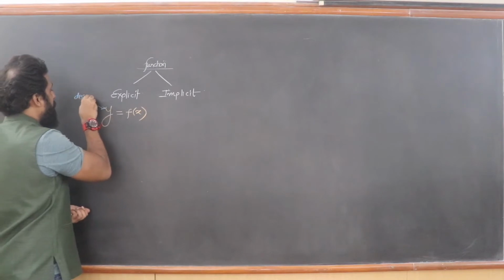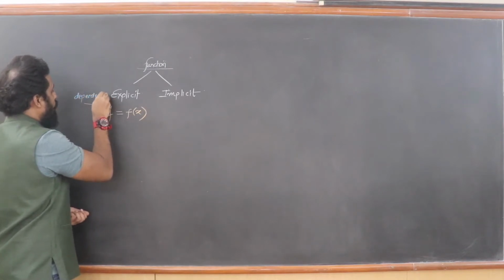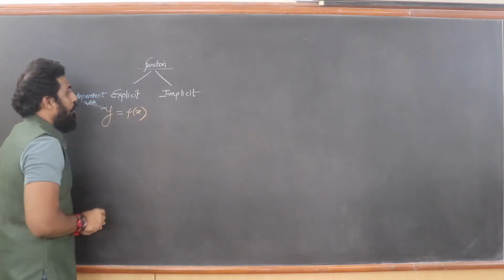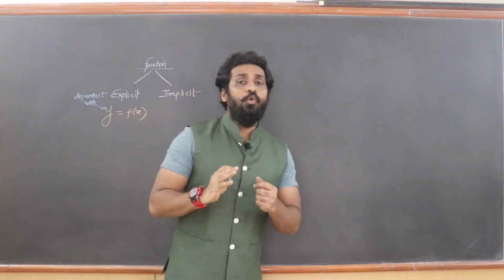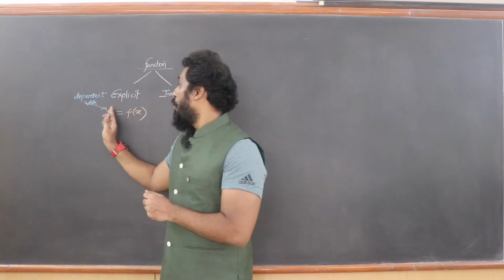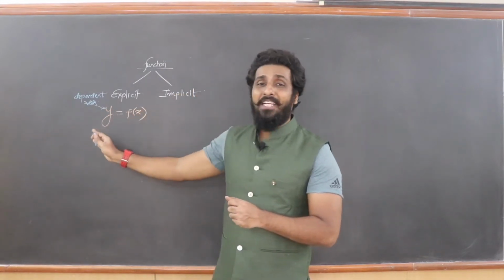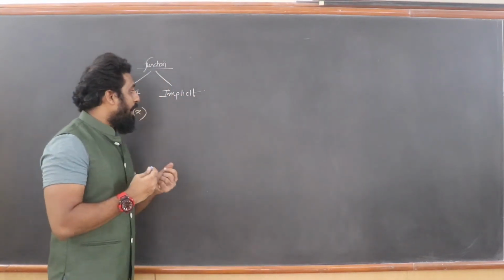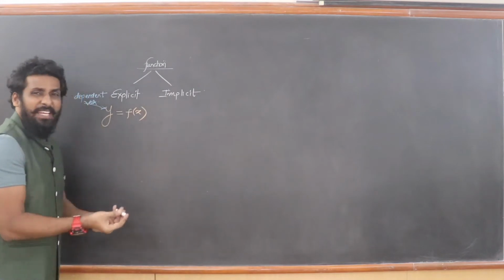I hope you all remember these things. Please watch my previous videos on derivatives to know these concepts in detail. So I have written y as a function of x. So y is called a dependent variable and it might be any function of x.